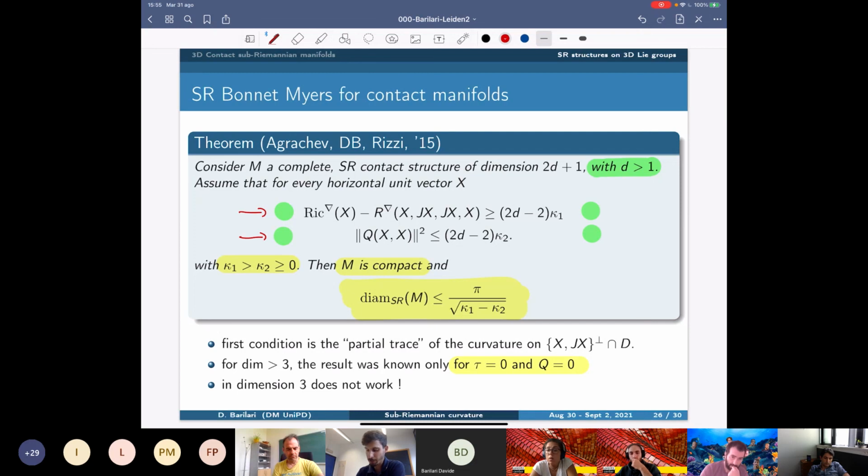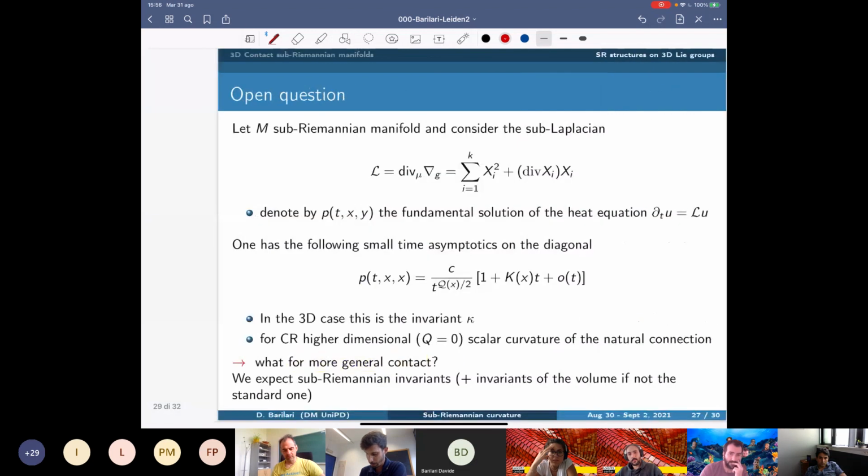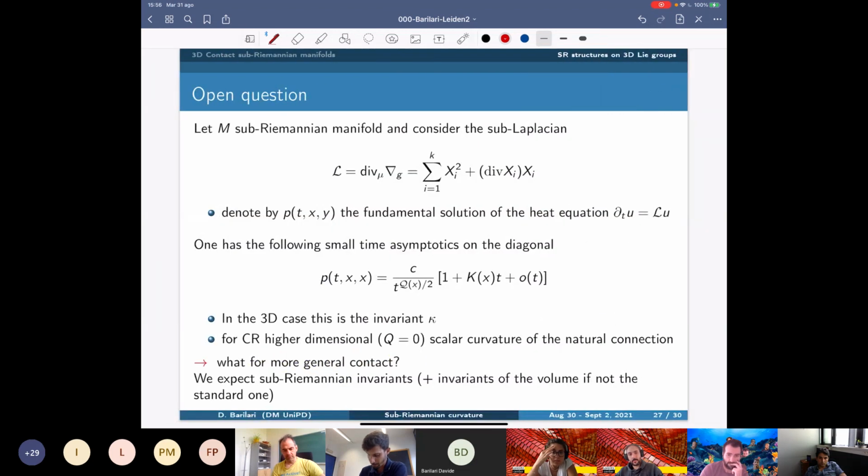I mean, this is just to show that there is a curvature theory. I tried to say something on this in the time I had, but I know it is not really complete, but I hope it gave you some hint or suggestion to have a look at this theory.